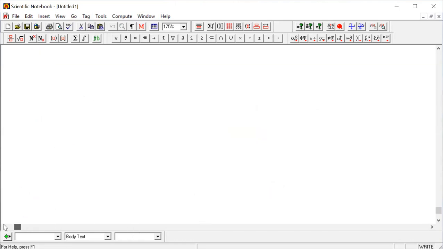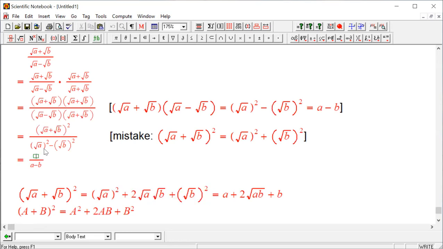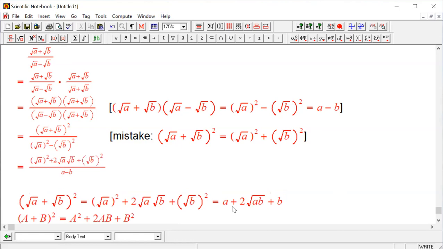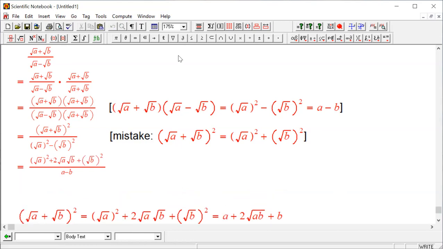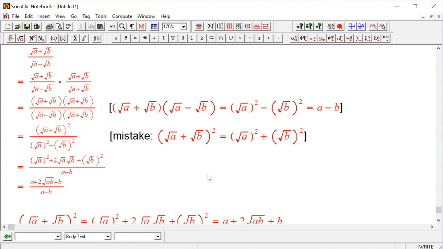So the final answer, after foiling, we should be getting equals, in the end, a minus b in the denominator, and the numerator, we just get all of that. So that's the common mistake.